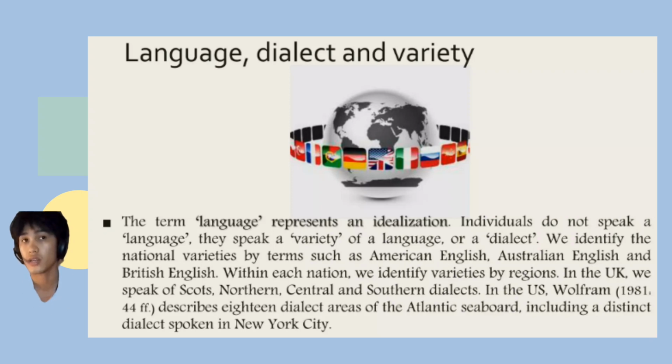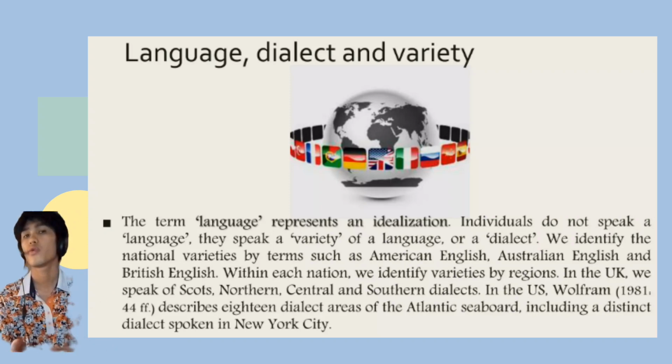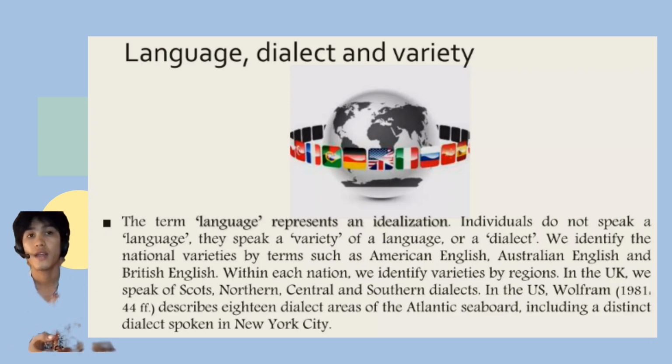Within each nation, we identify varieties of regions. In the UK, they speak of Scots, Northern, Central, and Southern dialects, and in the US, it describes 18 dialect areas of the Atlantic seaboard, including a distinct dialect spoken in New York.